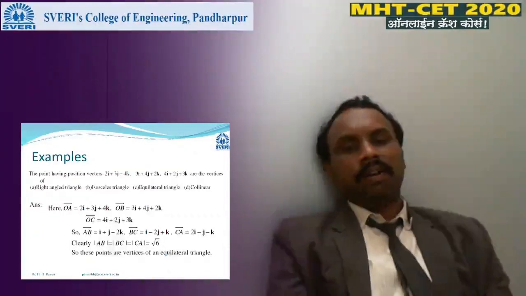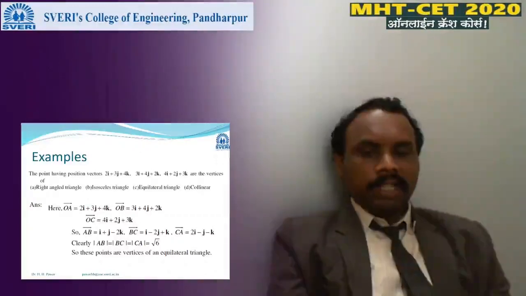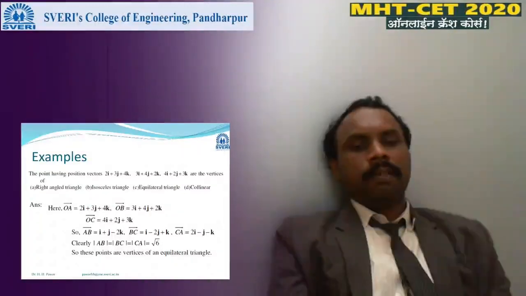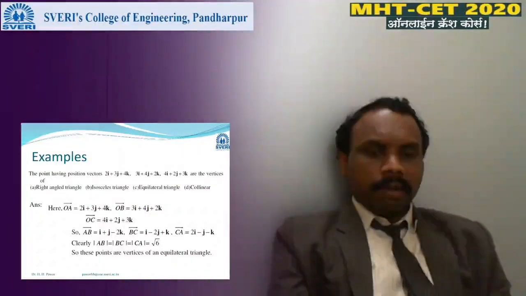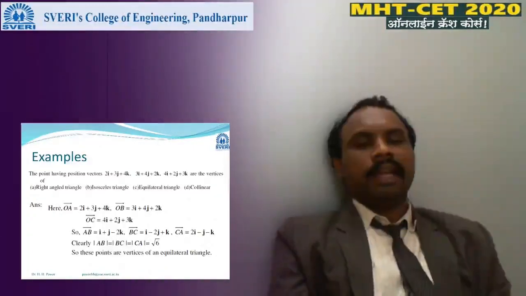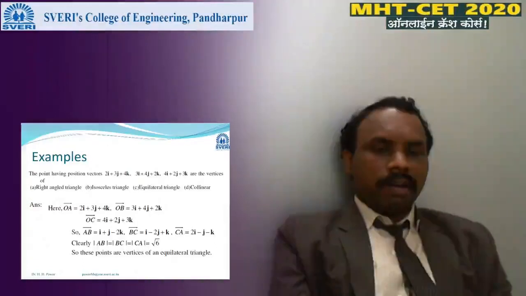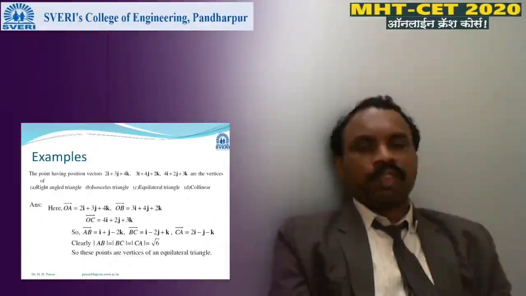Then find out AB bar by using B bar minus A bar, which gives us i plus j minus 2k, and BC bar is obtained by C bar minus B bar, which gives us i minus 2j plus k, and CA bar is obtained by A bar minus C bar, which gives us 2i minus j minus k.